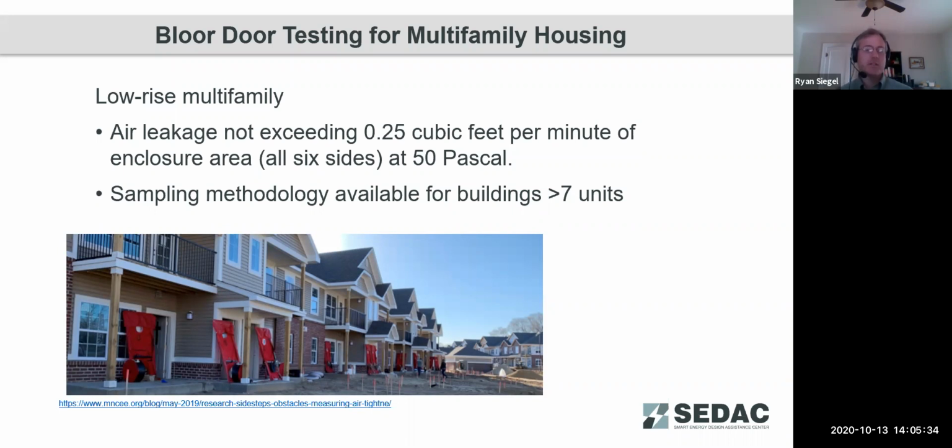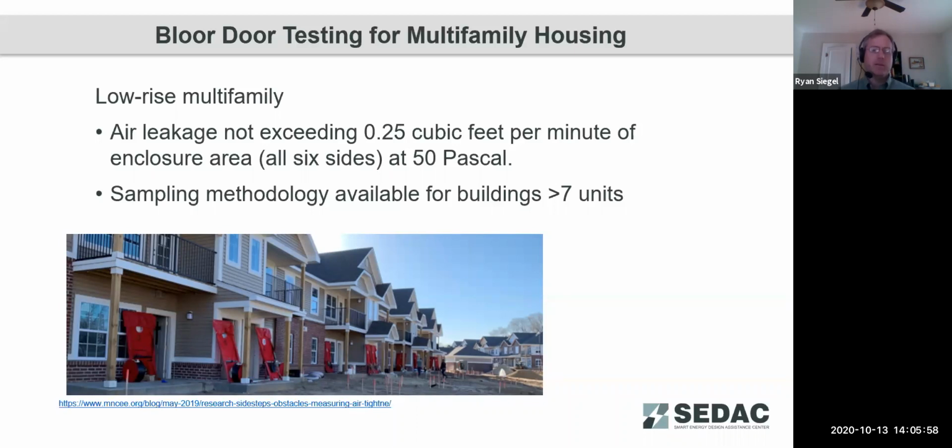So all 6 sides of the, or more than 6, but if I'm just building a rectangular square box, all 6 sides accounted for. This is a little bit more accurate of a test than the air changes per hour because this is really testing how good is the enclosure area.